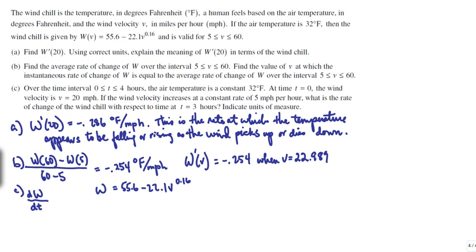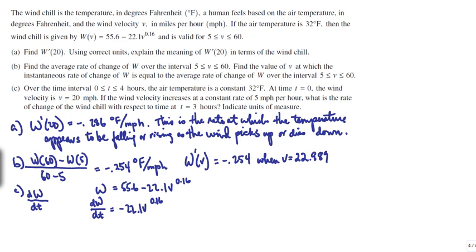If w is equal to 55.6 minus 22.1 v to the 0.16, and I want to take the derivative of both sides with respect to time, so the 55.6 is going to zero out, and negative 22.1 is a constant multiple, so we use the constant multiple rule, and the derivative of, sorry, that's not exponential, it's just v to the 0.16 power.